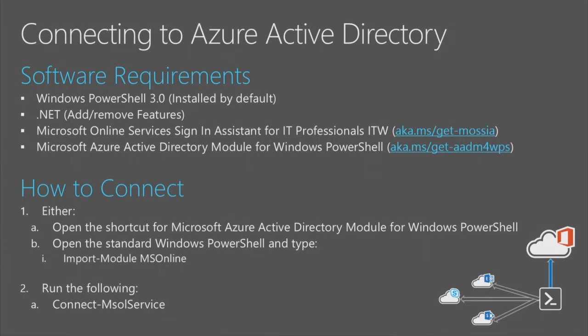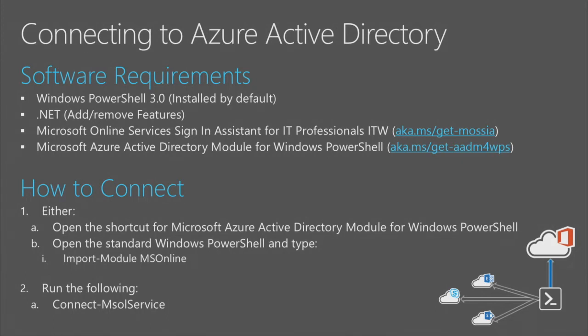So, connecting to Azure Active Directory is the one that most people have done. You need Windows PowerShell 3, you need .NET, and then you need two additional things. One is the Microsoft Online Services Sign-In Assistant. I've got shortcuts in the PowerPoint, which will obviously be made available after this, for each of the downloadables that we reference, and they're all in appropriate PowerShell format.